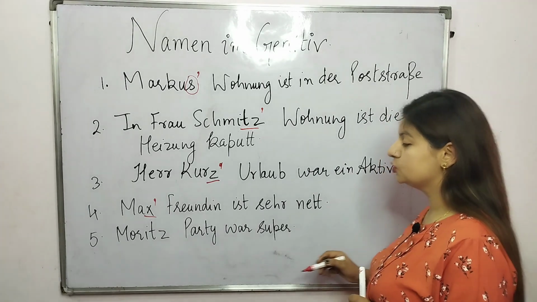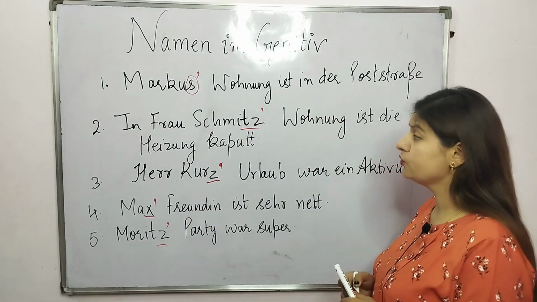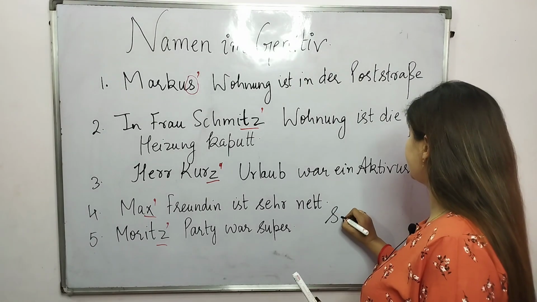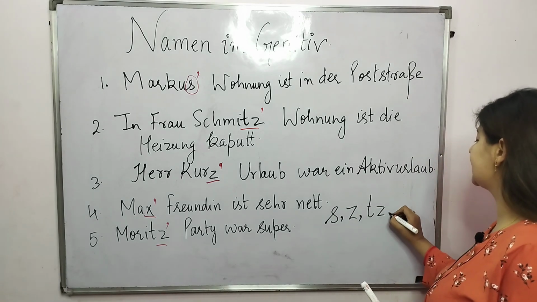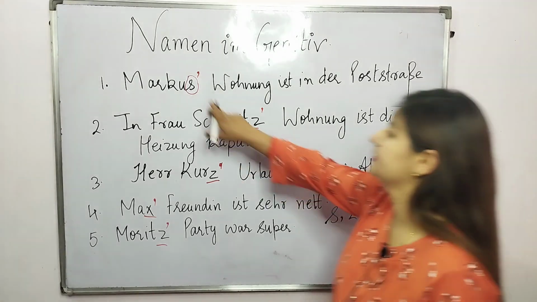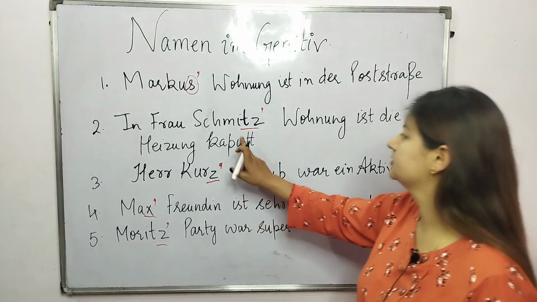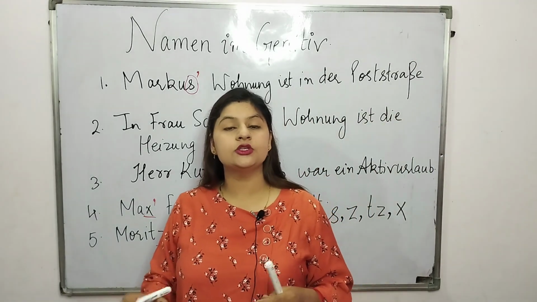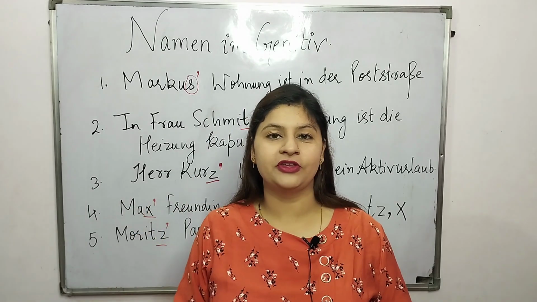So we have seen the names ending with S, set, T-set, X. We don't need to put extra S. We only put one apostrophe.